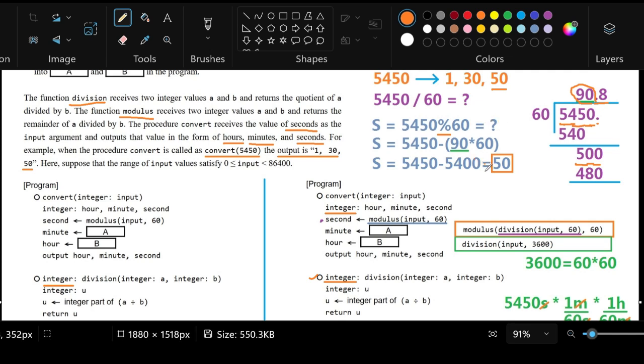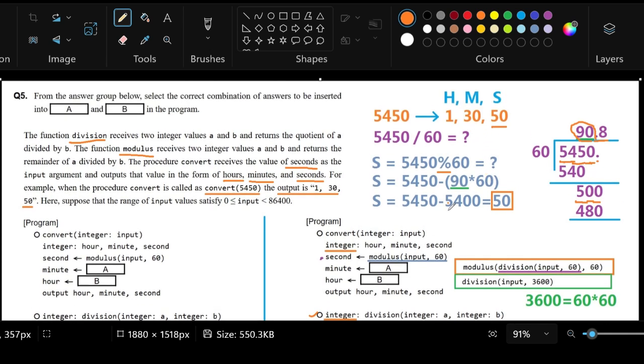But for the seconds, we are not doing division only, we are doing modulus. That's why when we have done the division and we've gotten 90, we have to multiply 90 with 60 here, and then we have this part here where we do 5,450 minus 5,400.